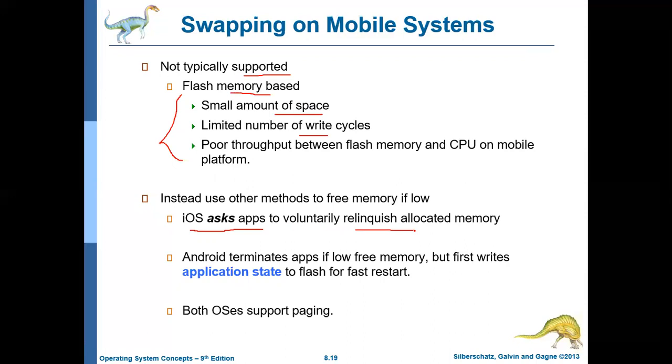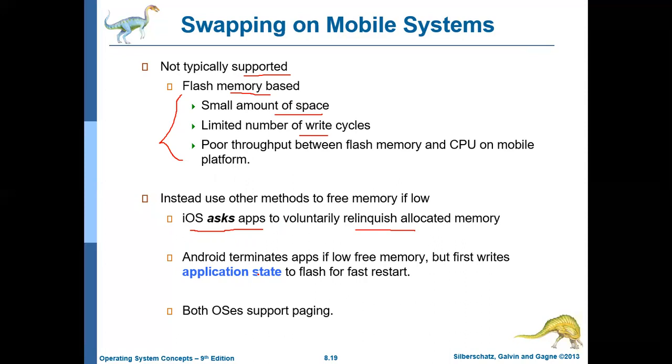So if the user is opening more and more apps, it means he's not using some other apps, but they are still open. So iOS will ask the other apps to voluntarily free some memory. Okay, if they are not freeing the memory, then it may close some application which is not being used. Otherwise iOS itself will reclaim the read-only contents that were occupied by different apps, like the code or other things, that will be reclaimed.